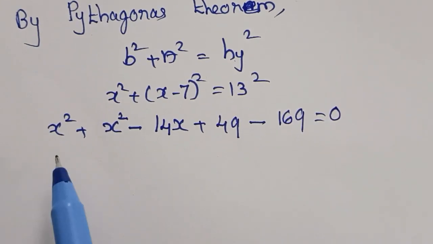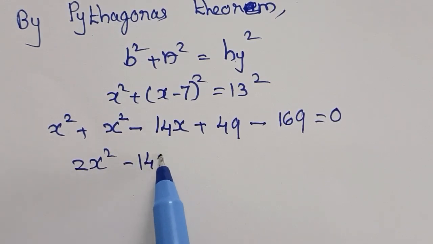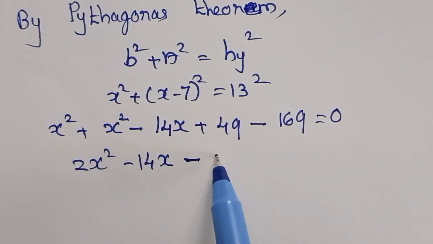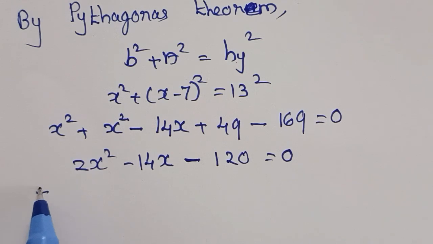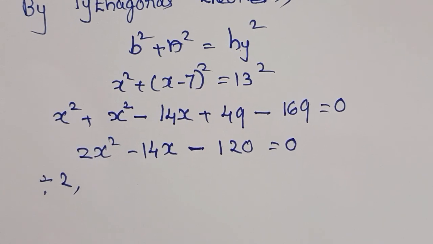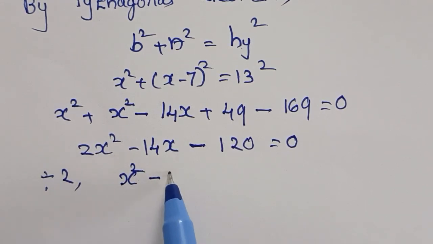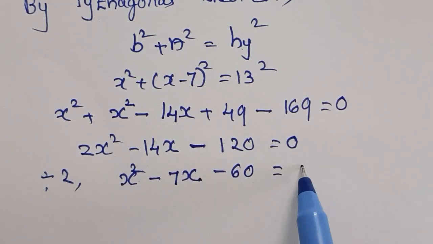Collecting like terms, x square plus x square is 2x square, minus 14x, 49 minus 169, after subtraction we get minus 120, equal to 0. Dividing throughout by 2, since 2 is the common factor, we get x square minus 7x minus 60 equal to 0.